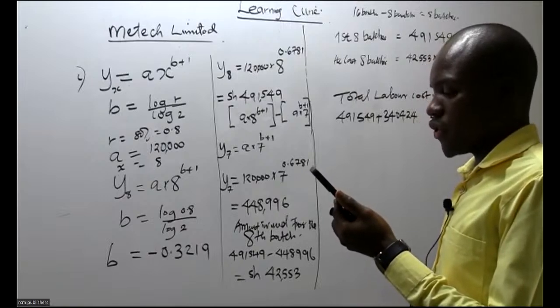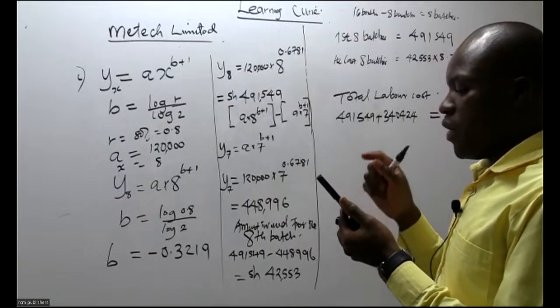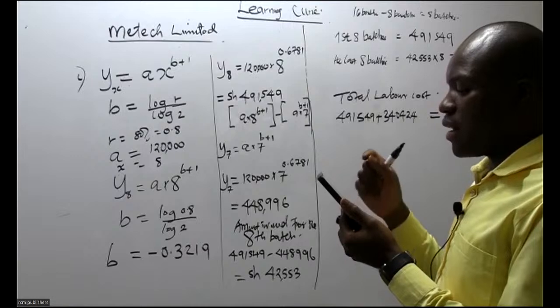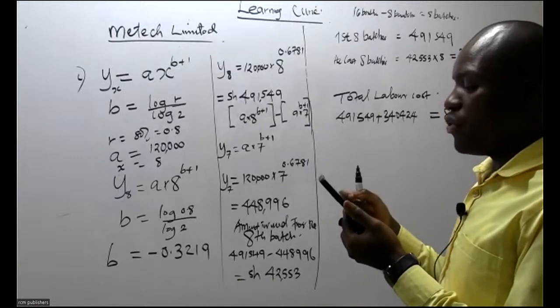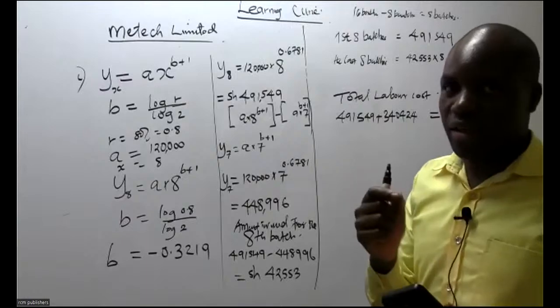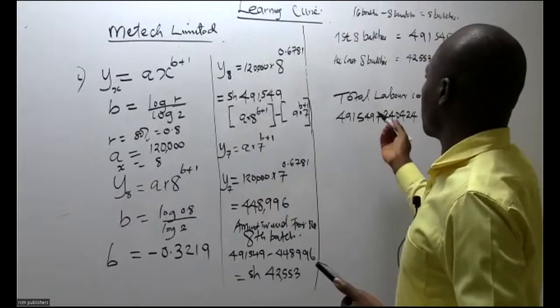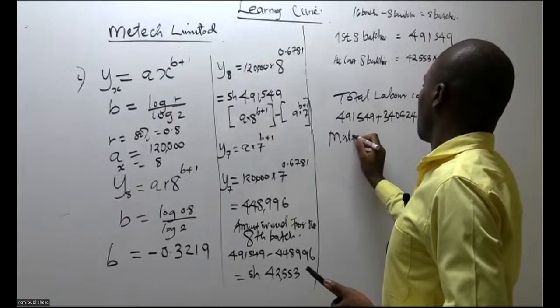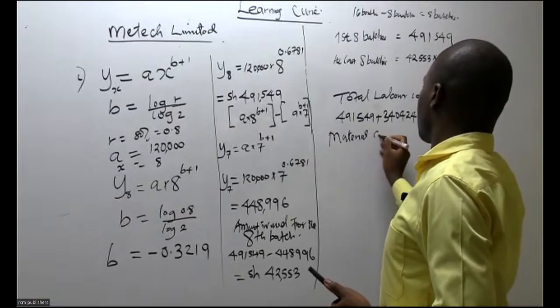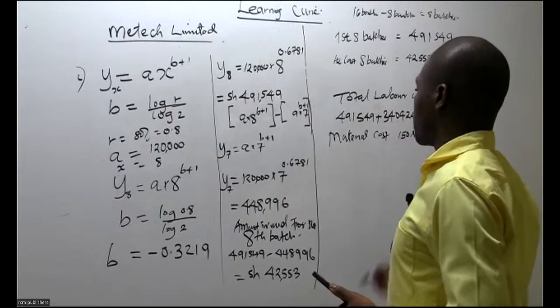Look at what we are being told. Additional information number 1: the direct material and other non-labor related cost will be 150 per unit, not per batch. 150 shillings per unit. So this is total labor cost, then material cost, we are told, is 150 shillings per unit.